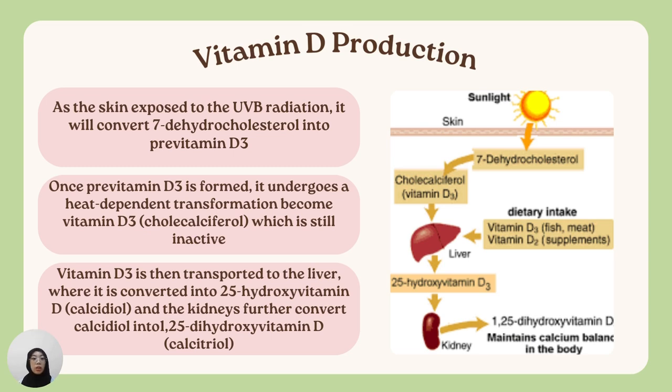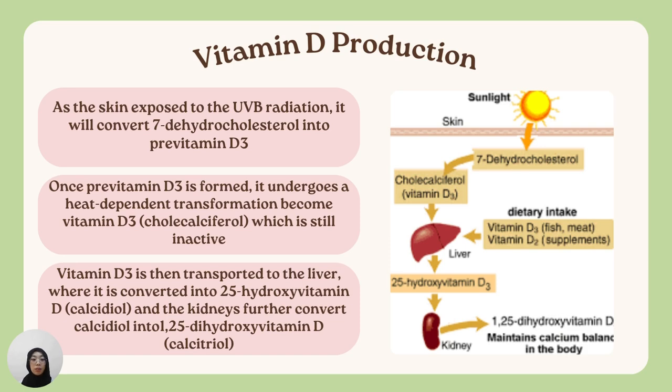So now I'm gonna talk about vitamin D production in our skin. As our skin is exposed to UVB radiation, it will convert 7-dehydrocholesterol into pre-vitamin D3. And then this pre-vitamin D3 will undergo a heat-dependent transformation to become vitamin D3, cholecalciferol.